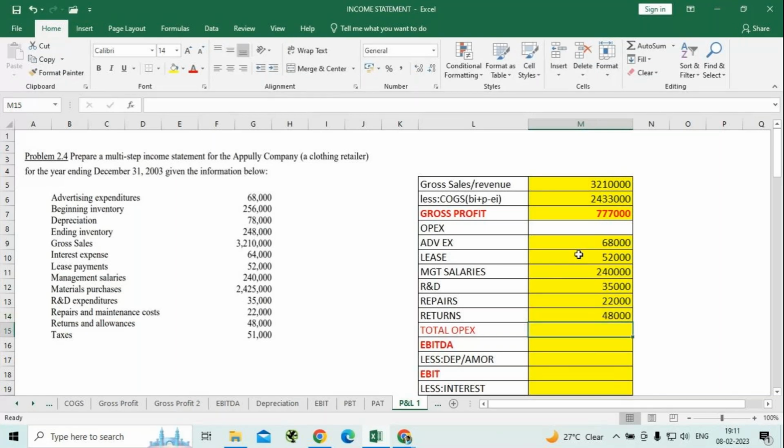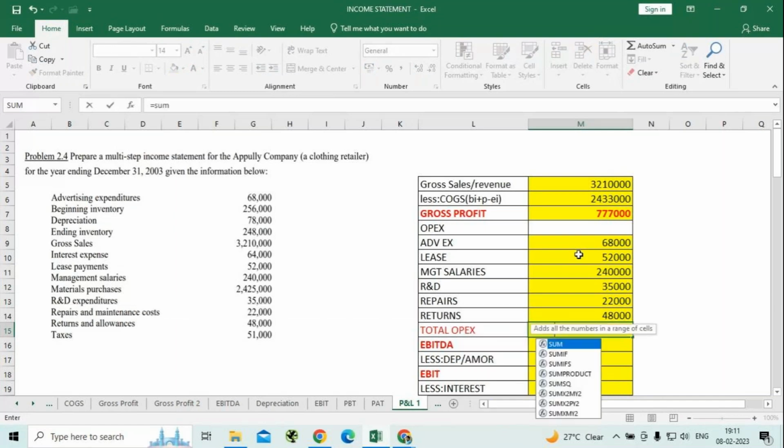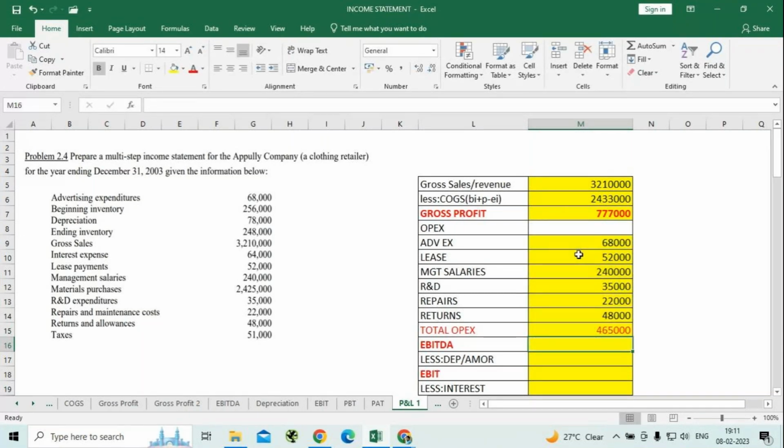The total OPEX value is the sum of all the expenses, so we have 4,65,000 in expenses.